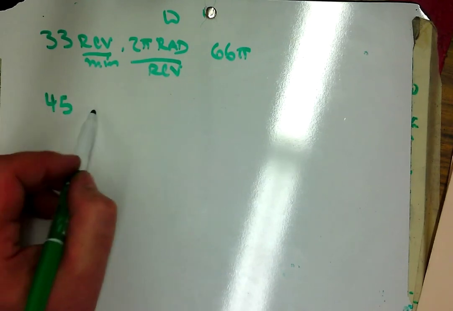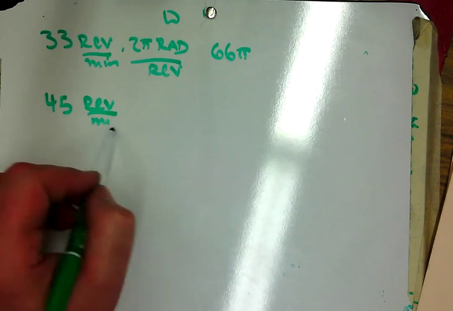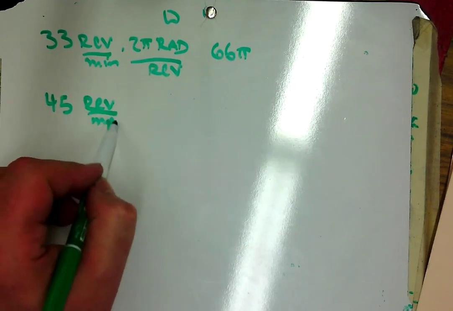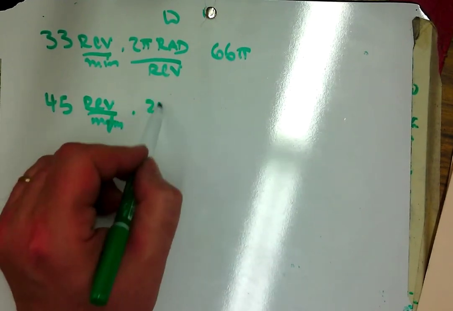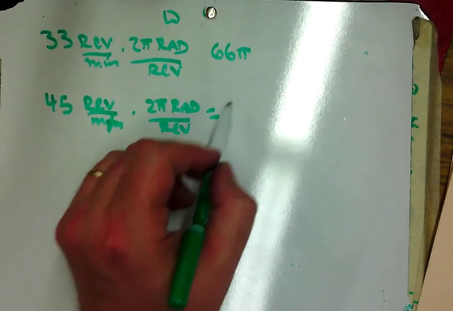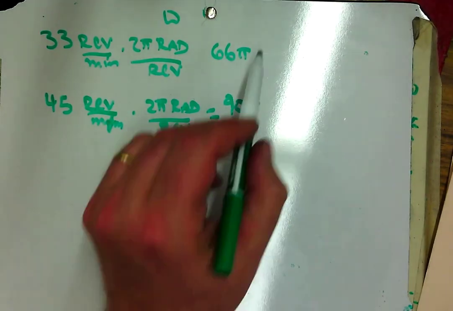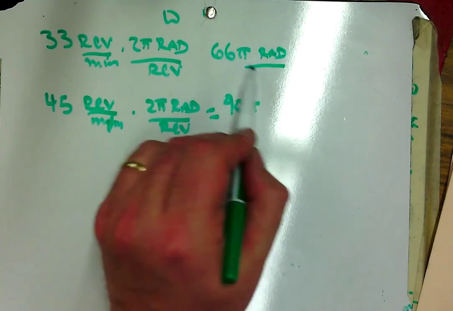The smaller 45 revolutions per minute, RPM, times 2 pi radians per revolution. That goes much faster, 90 pi radians per minute.